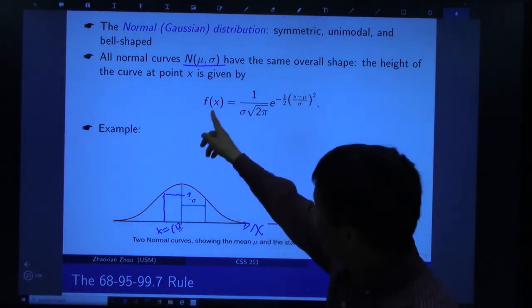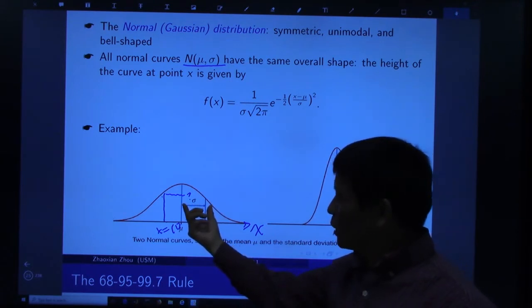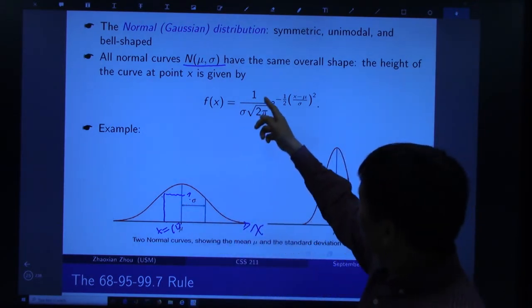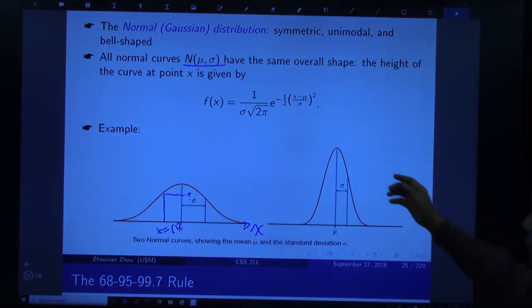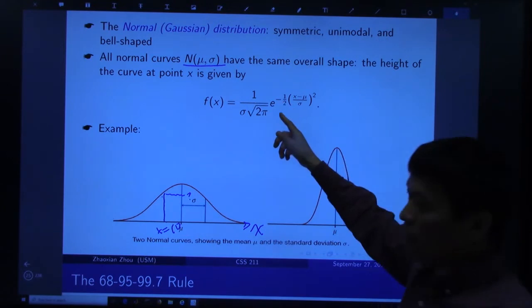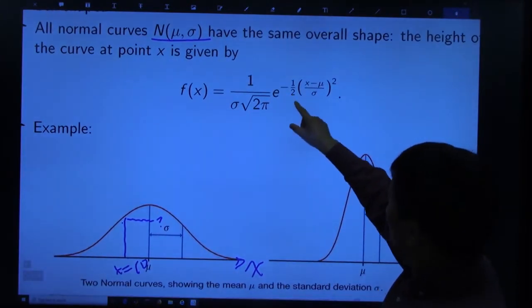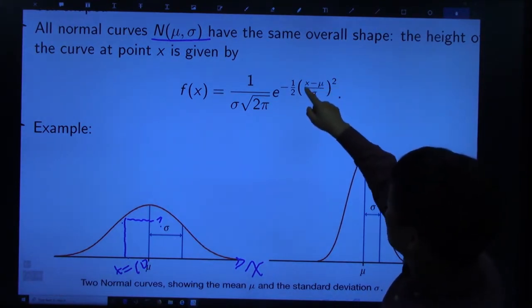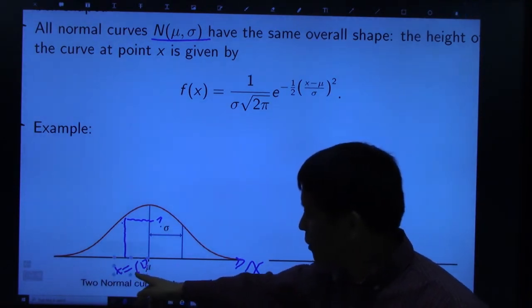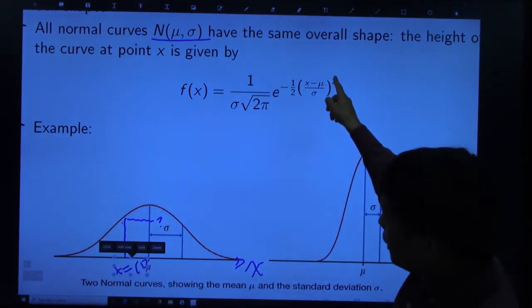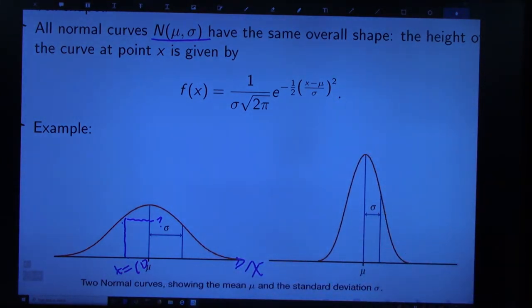f(x) is represented by 1 over sigma, where sigma is the standard deviation of the distribution, times the square root of 2 pi. Pi is a constant, 3.14 and something. e here is 2.718, also a constant, raised to negative one half times parentheses squared. Inside is x, the value of interest, here 10, and mu again is the center, and sigma is the spread, the standard deviation.